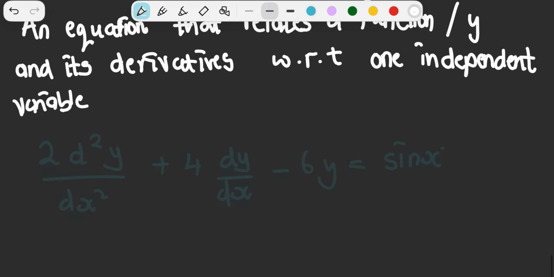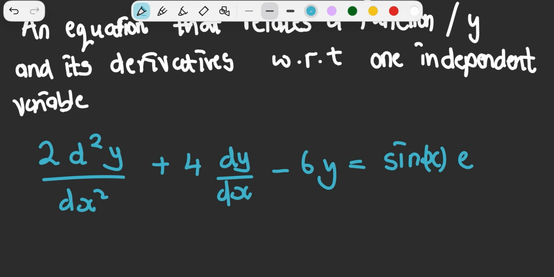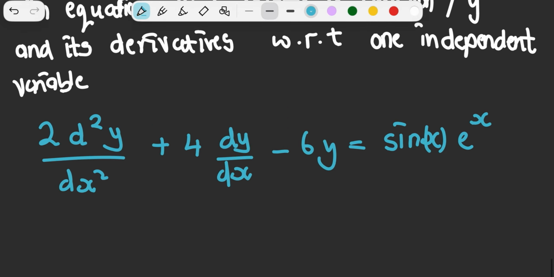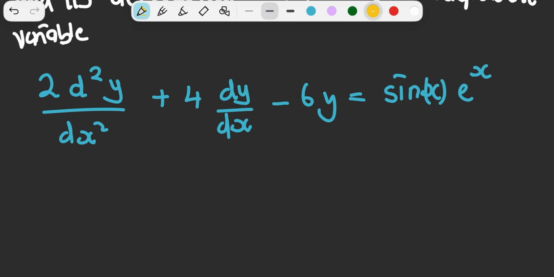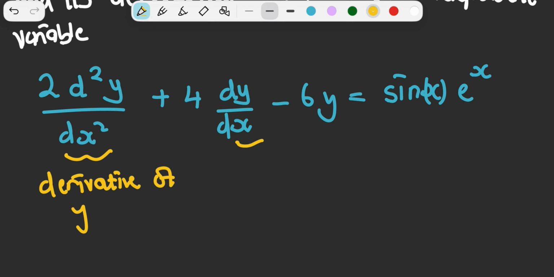Look at this equation. It's a little bit complicated, but you're going to see that these are basically derivatives of y. This is the second derivative of y. This is a derivative of y, so I'm going to call it dy.